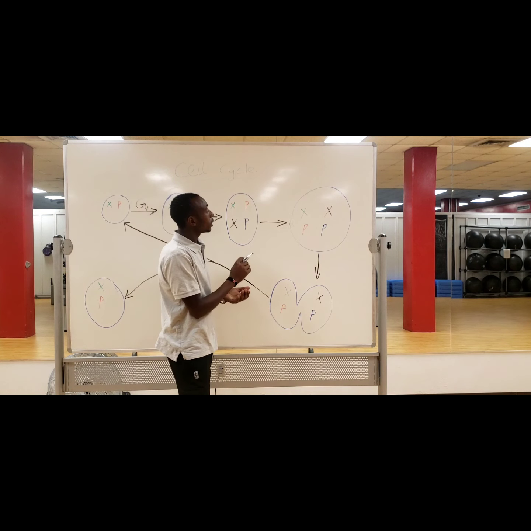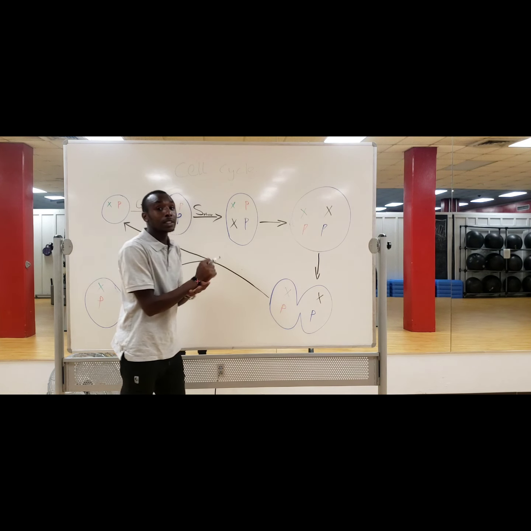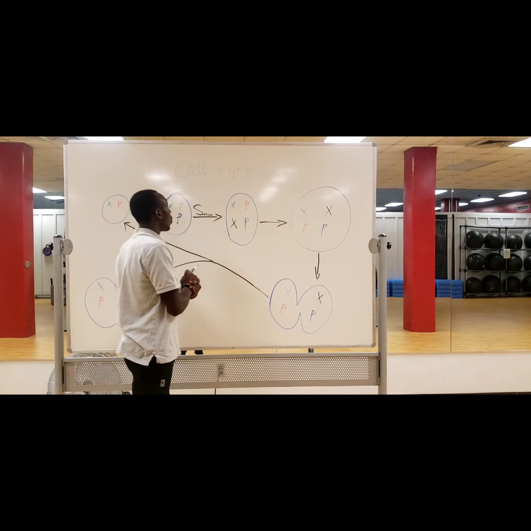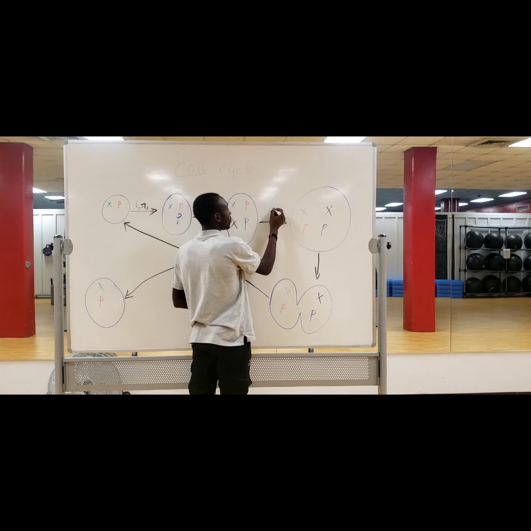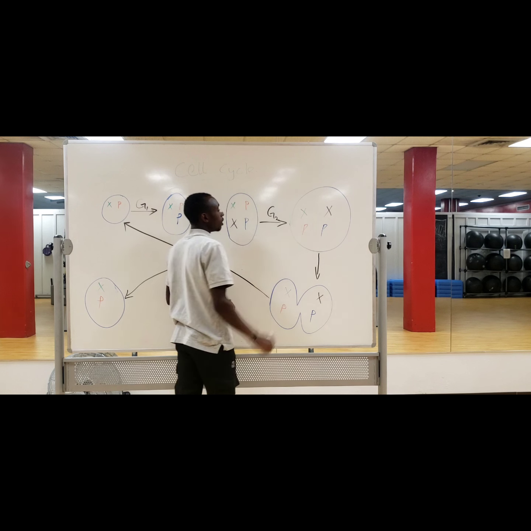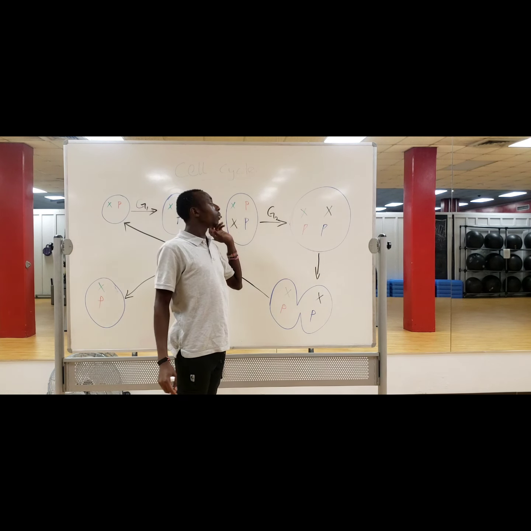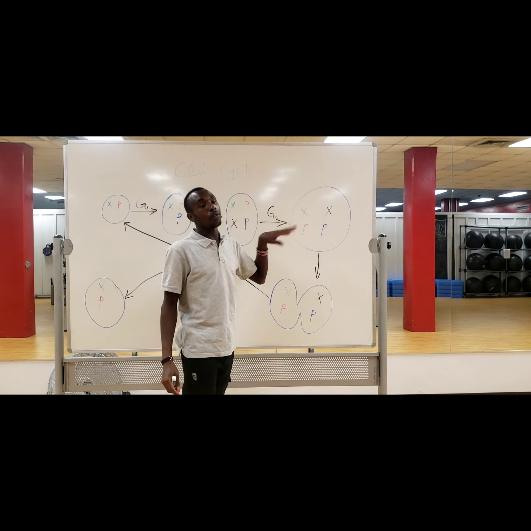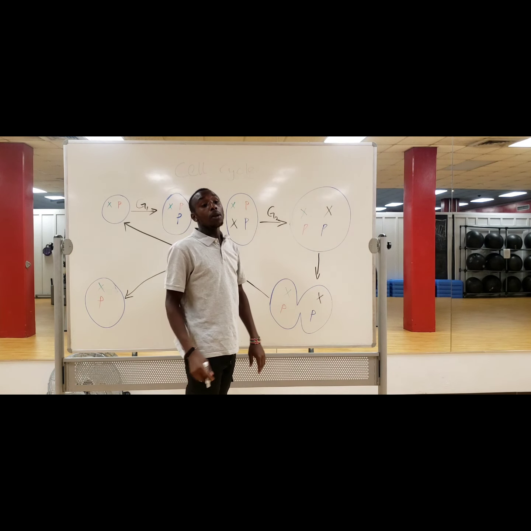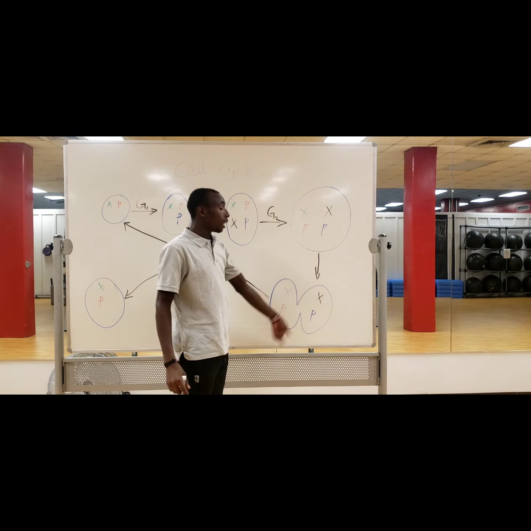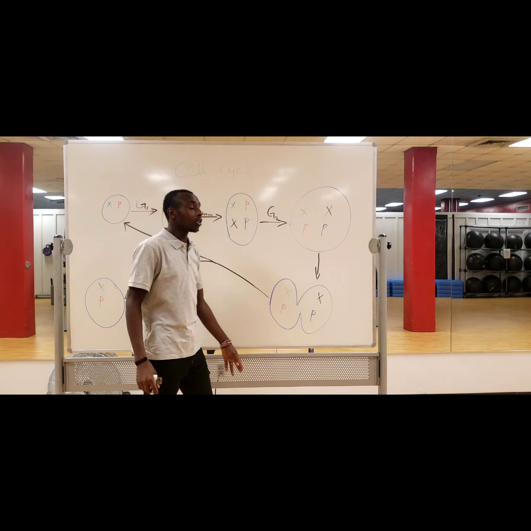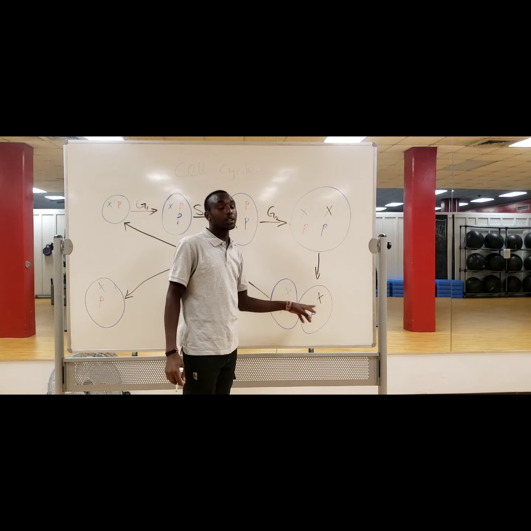The process of condensation of these proteins is called the G2 phase. In the G2 phase, the proteins condense and align at the middle of the cell in preparation for cell division, in preparation for the nucleus division.